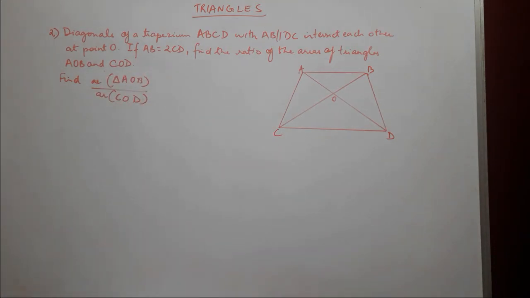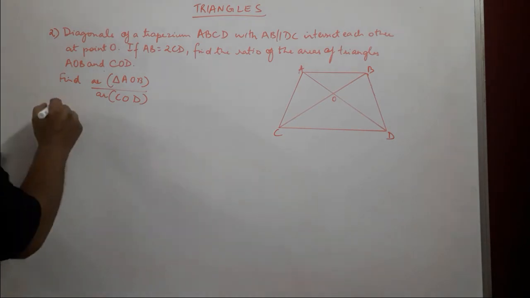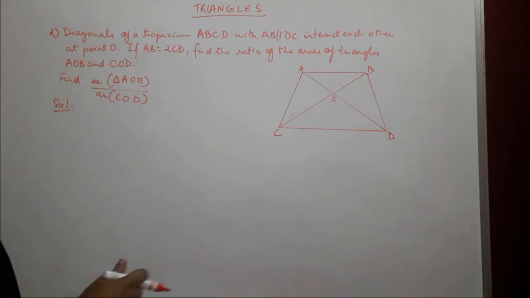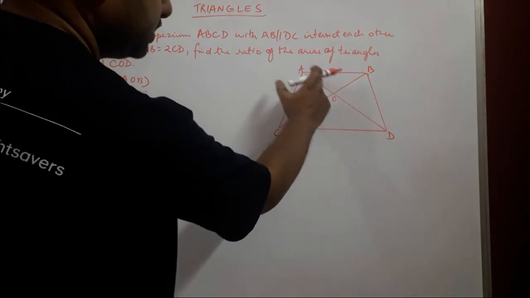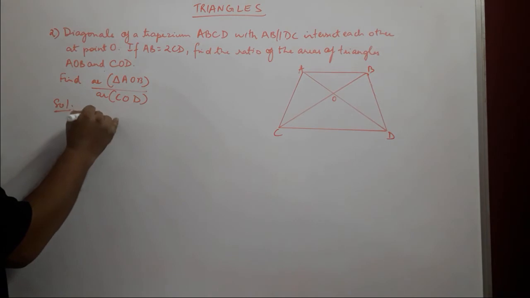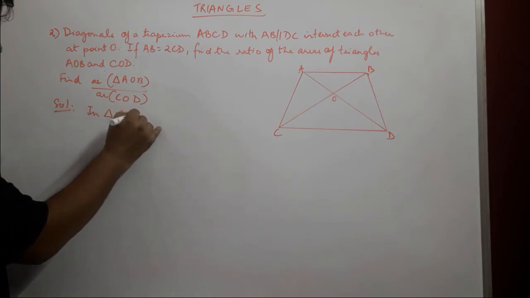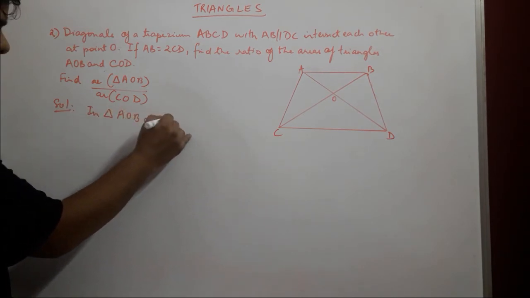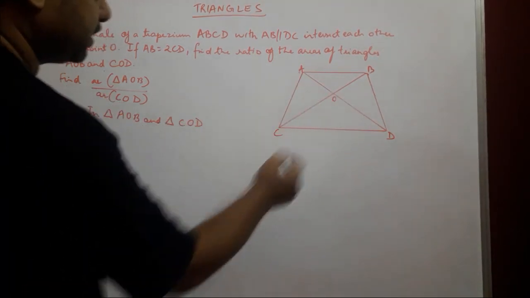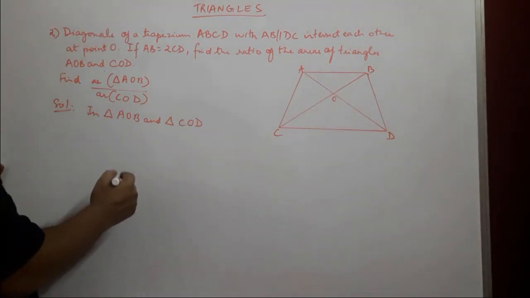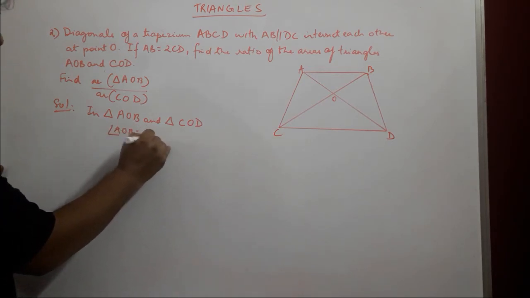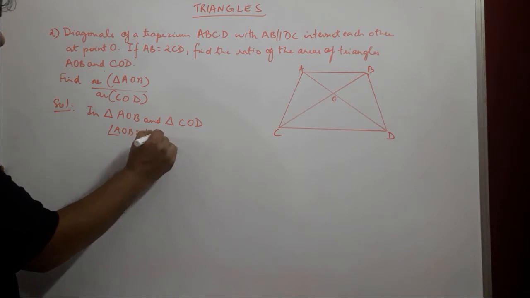So we begin with what we have been given. So we say over here solution. We need to focus only on these two triangles, that is area of triangle AOB and COD. So what we say over here is in triangle AOB and triangle COD, we say that angle AOB is equal to angle COD.